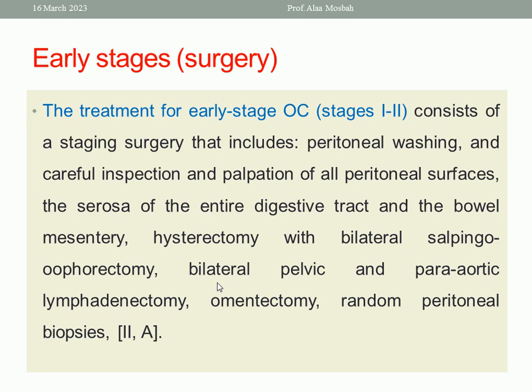And the careful inspection and the palpation of all peritoneal surfaces, the serosa of the entire digestive tract and the bowel mesentery. Then go on to do hysterectomy with bilateral salpingo-oophorectomy, bilateral pelvic and para-aortic lymphadenectomy, omentectomy, and random peritoneal biopsies. Okay, this is the surgery for early stages.